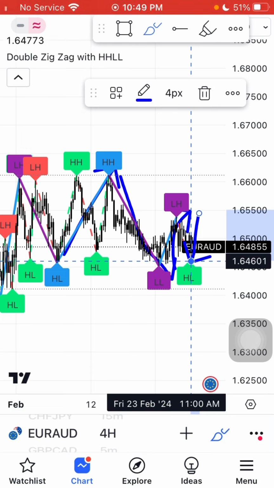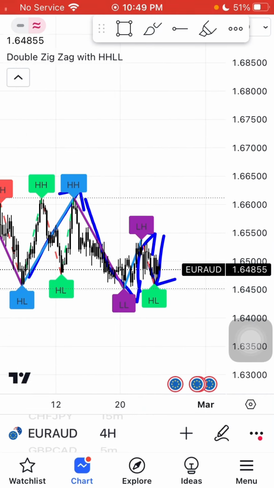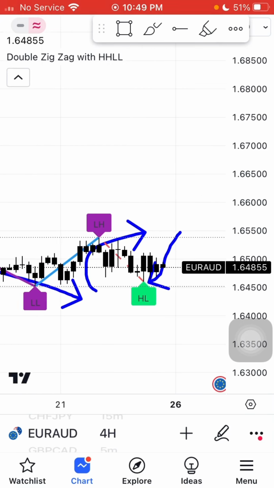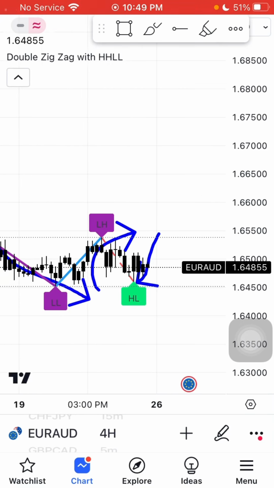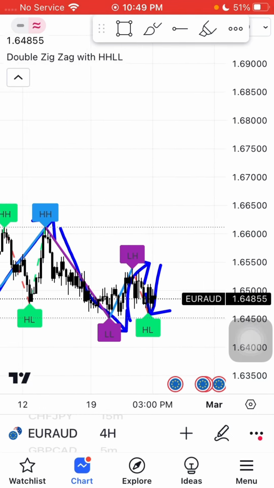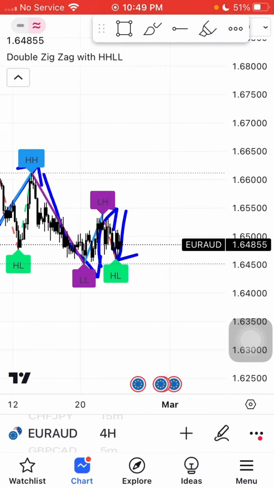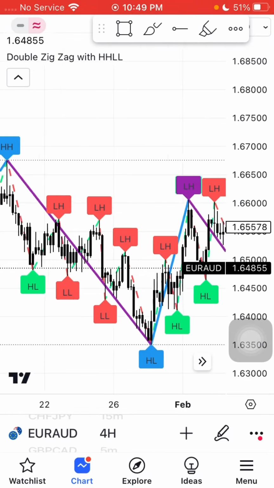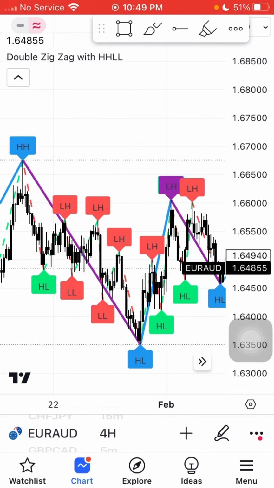So during conditions like this, you have to stay off the market, guys, unless price gives you a lower low and then a lower high, something like this, in a series of downtrend.